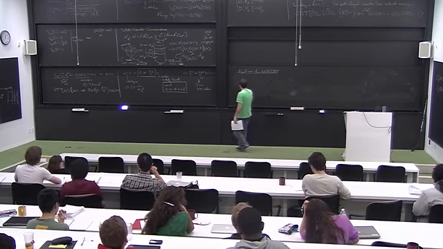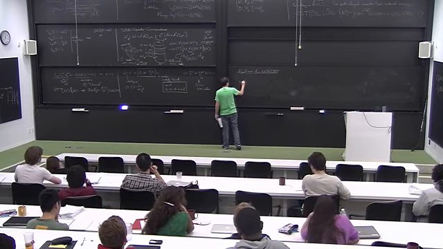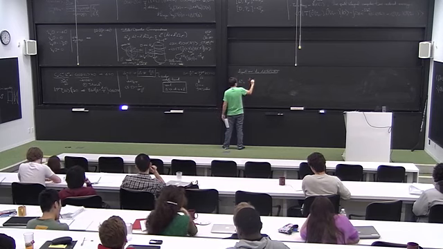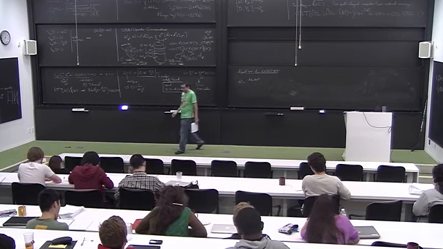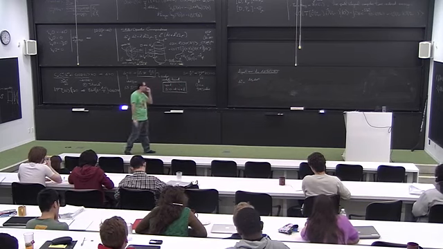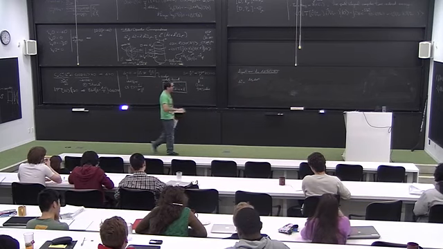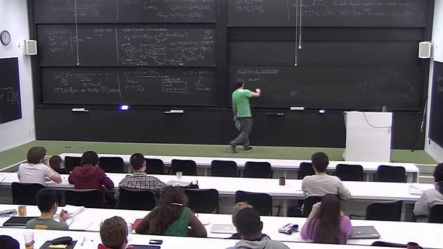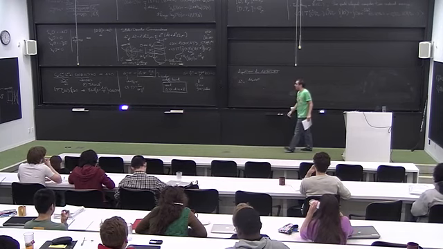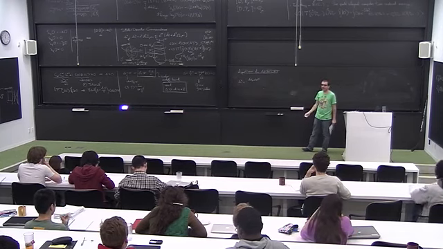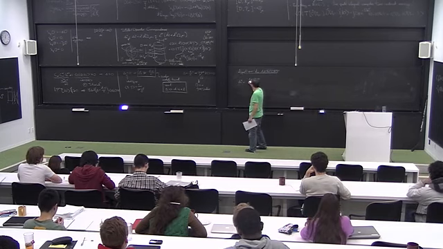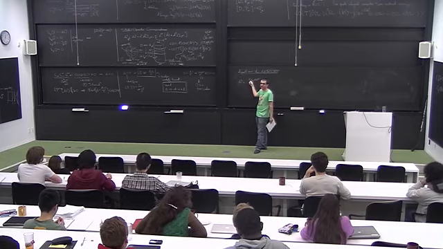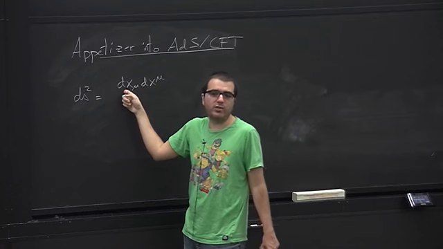We started with R^D, which was just dx mu dx mu. Now, one thing we could ask, and again, I will hand wave for a while just to motivate a few metrics, is how to make a spacetime that is invariant under dilatation. This spacetime is not: I do a dilatation, it goes to lambda times itself. So what could I do?